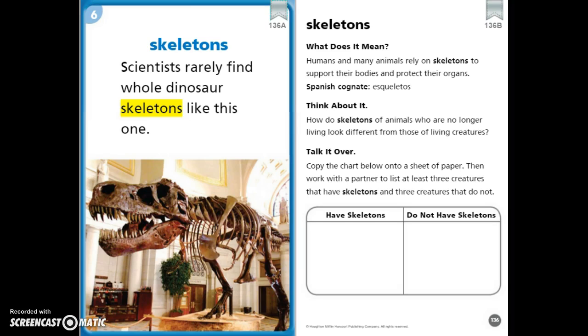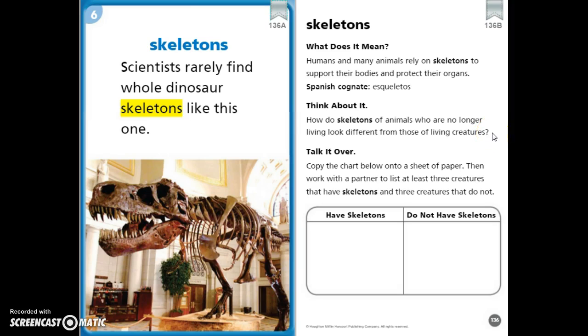Skeletons. Scientists rarely find whole dinosaur skeletons like this one. Humans and many animals rely on skeletons to support their bodies and protect their organs. Think about it. How do skeletons of animals who are no longer living look different from those of living creatures?